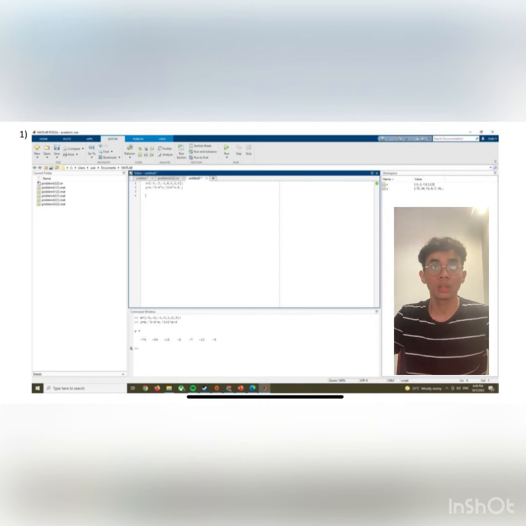For the first question, the variable x is equal to -3 until 3, and the equation given is y is equal to x^3 minus 4x^2 plus 2x minus 6, and the answer of y for all x given is first -75, -34, -13, -6, -7, -10, and the last, which is x is equal to 3, the answer we got is -9.